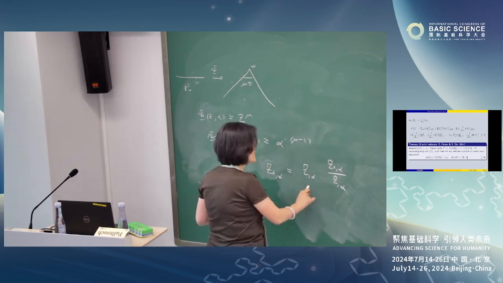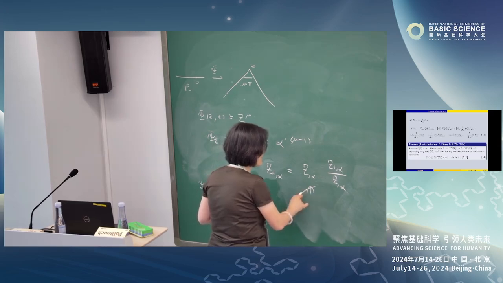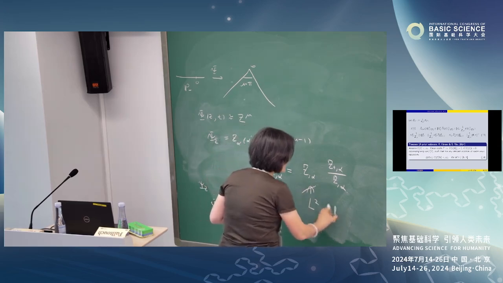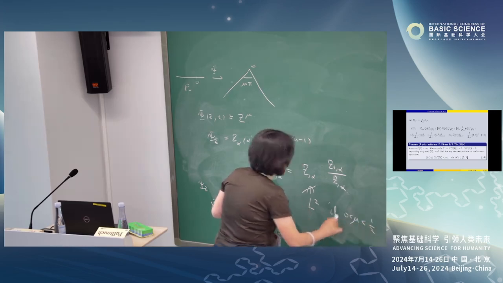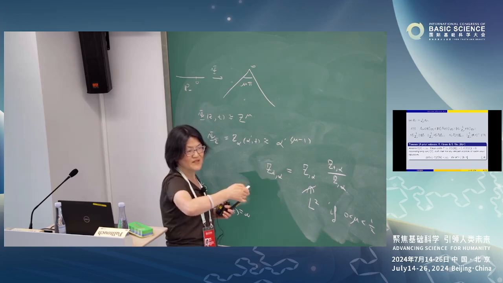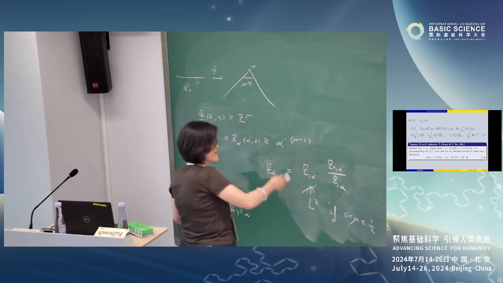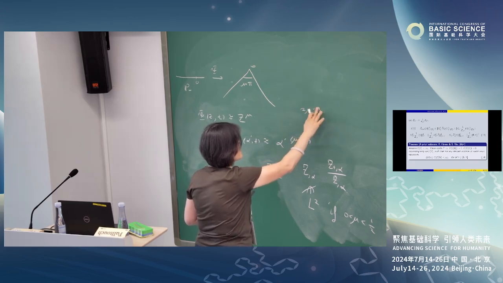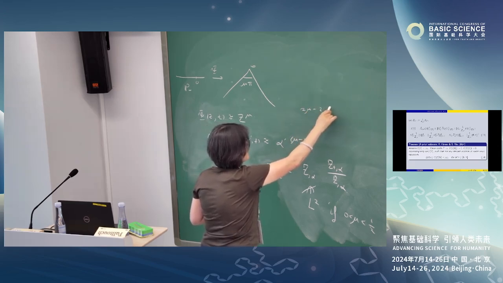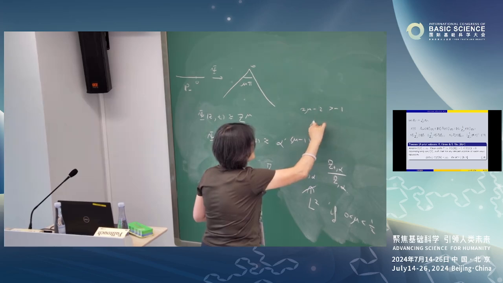This is not in L2 if mu is less than 1, because it's very simple to compute. So 2 mu minus 1 needs to be bigger than minus 1. So mu should be bigger than 1/2.